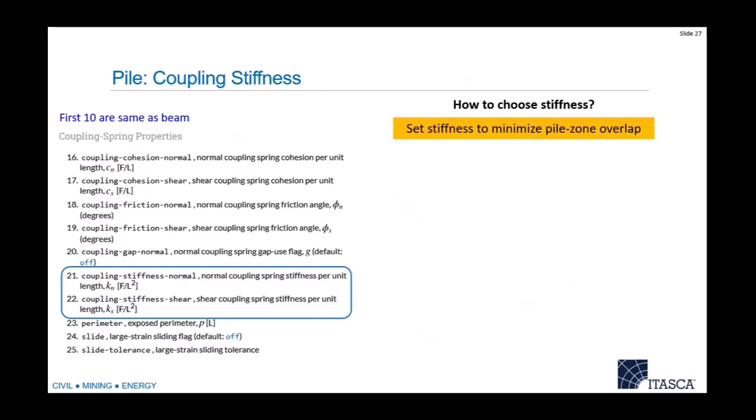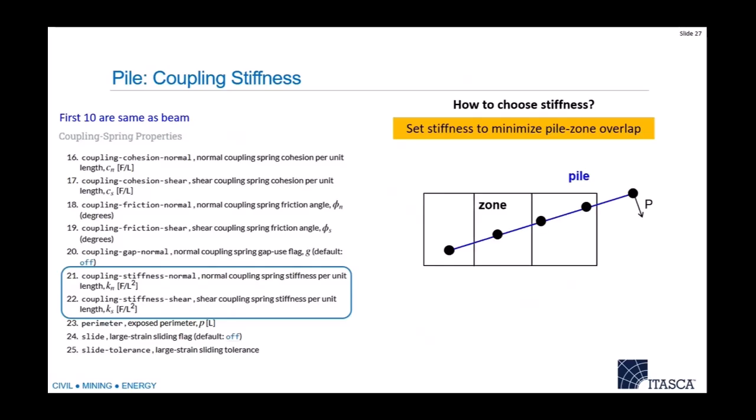Okay, and then one thing I wanted to highlight was stiffnesses. Stiffnesses for these coupling springs are not something you can just look up in any handbook and be like, oh, the stiffness between 440 steel and dolomite is this. That doesn't exist. So the idea is to set stiffnesses to minimize pile zone overlap. What does that mean?